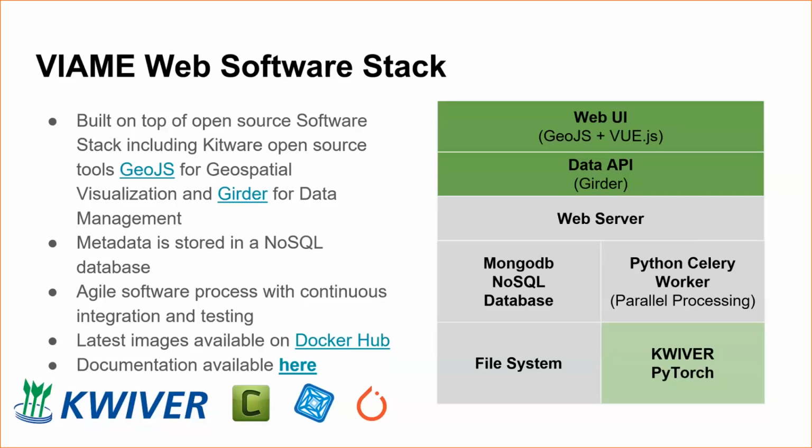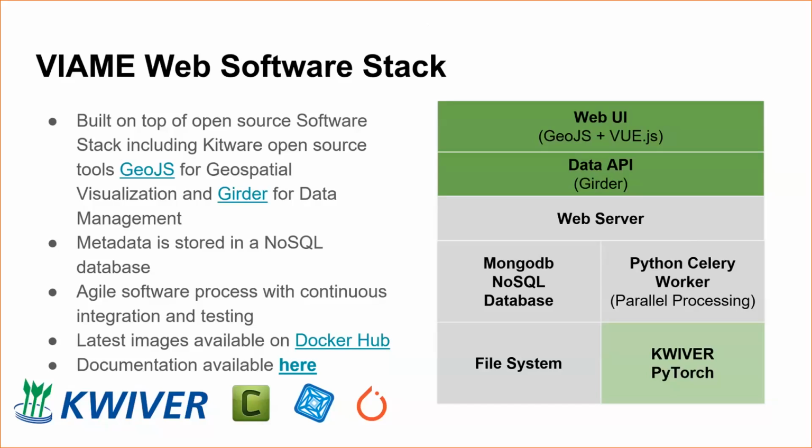On top of that, we have a web server for client and server communications. Girder provides the data API, and then the front end is built using GeoJS and a modern UI framework called Vue.js.